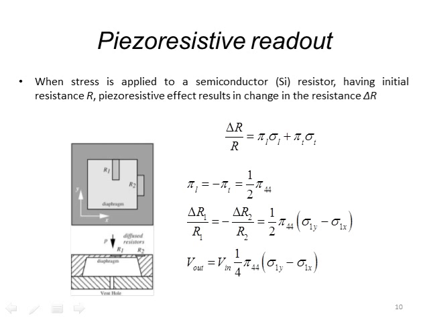Okay, so a piezoresistive readout: when stress is applied to a semiconductor, in this case, let's say silicon, a resistor having initial resistance R, the piezoresistive effect results in a change in the resistance, delta R. Now, we saw this example in an earlier lecture where we have a top view of the pressure sensor located on the top picture on the left, and we have a cross-section of the pressure sensor located on the image on the bottom.